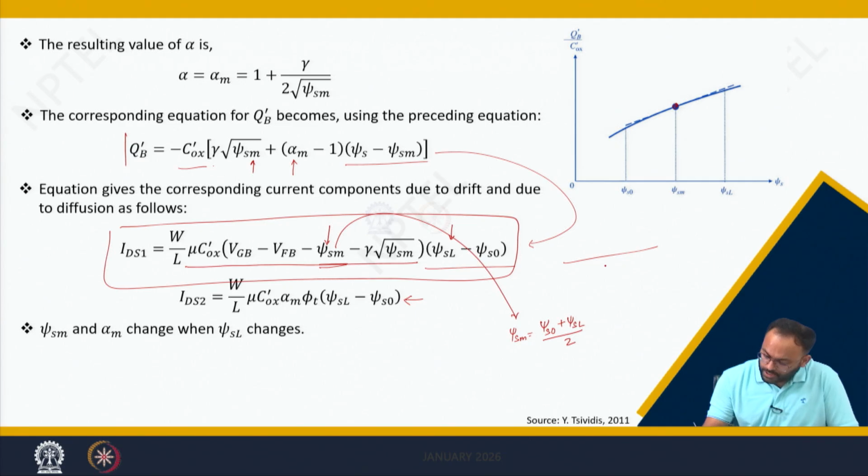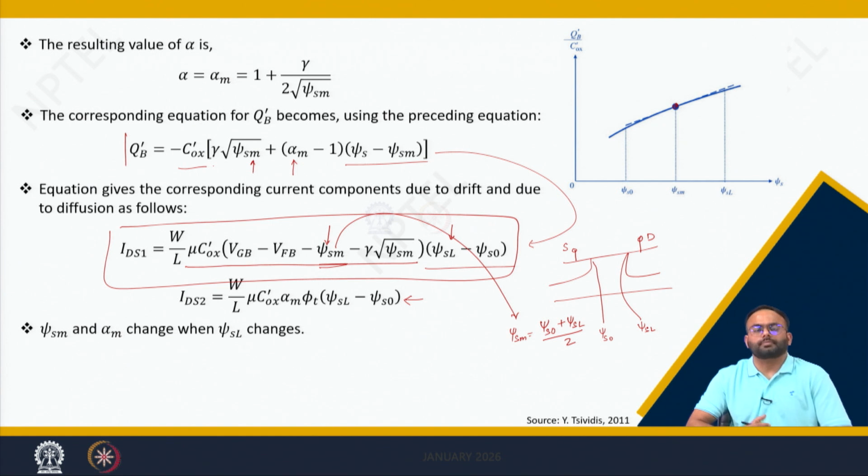Let us consider for simplicity to understand what exactly this equation reflects. This is the drain terminal, this is the source terminal, and here the surface potential is psi S0, here the surface potential is psi SL.